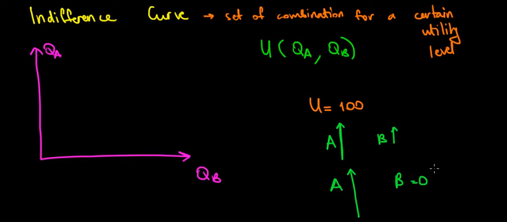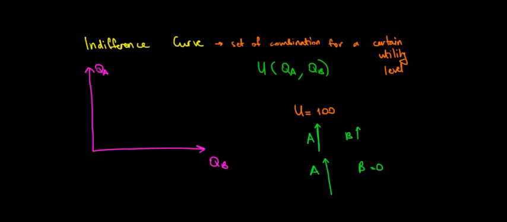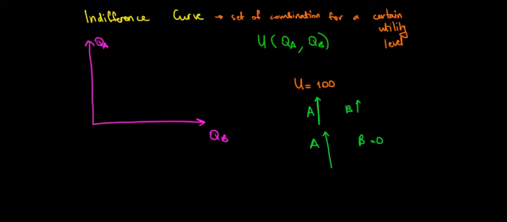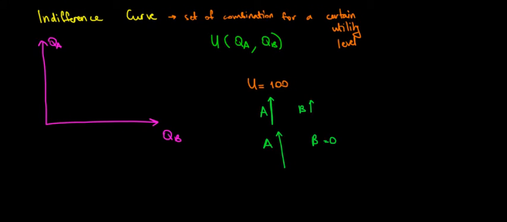We could go to the other extreme as well. So extremes are possible, but ideally we would like to have some combination. In most cases, if we want to have a sort of balance of consumption, then we would like to have both types of goods. And when we want to have both types of goods, an indifference curve literally looks like a curve. It looks something like that.